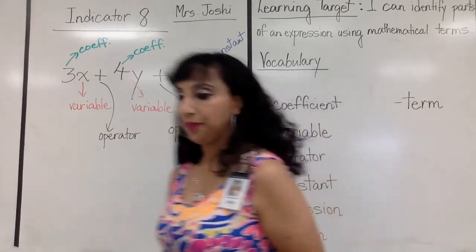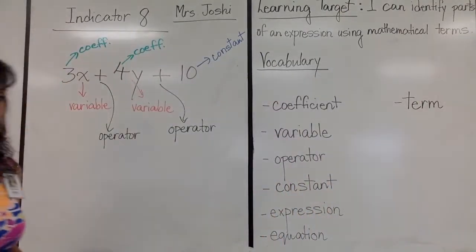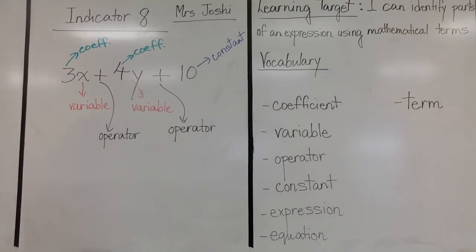Okay, then we have terms, and terms are basically separated by the plus or the minus signs. In algebra, a term is either a single number or variable, or numbers and variables multiplied together.